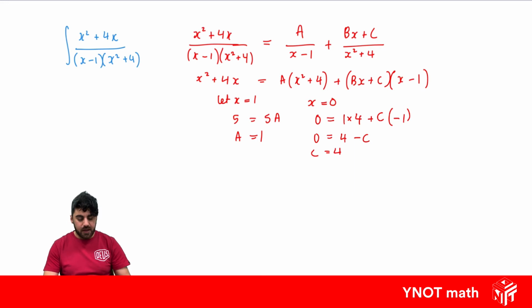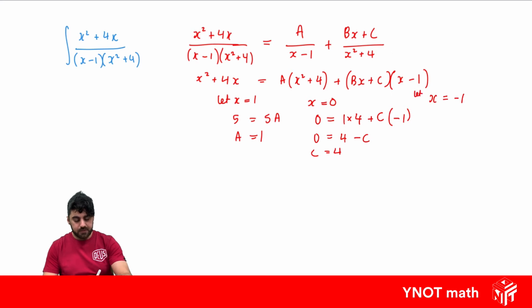And now we can just go ahead and let x equal anything to figure out what b equals. So let's do minus 1. So let x equal minus 1 this time.